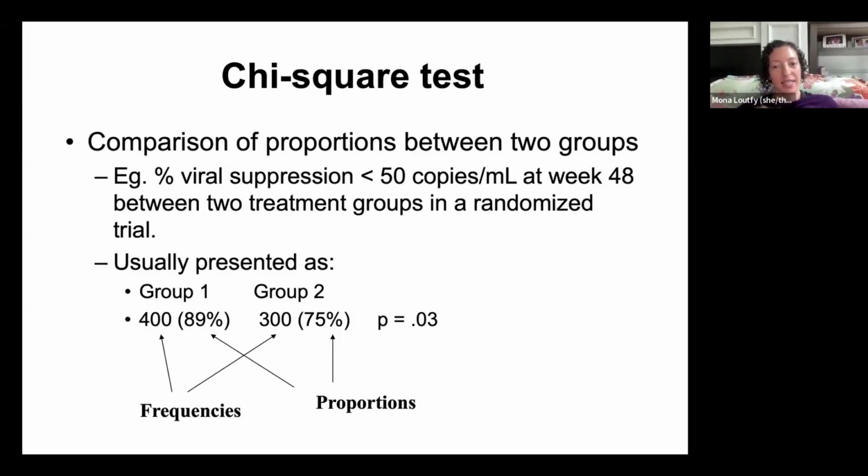In the old days, Fisher exact test was done by hand and would have to be used if you have a small sample size. If your sample size is less than even 50, you would have to use Fisher exact test for the comparison of proportions.